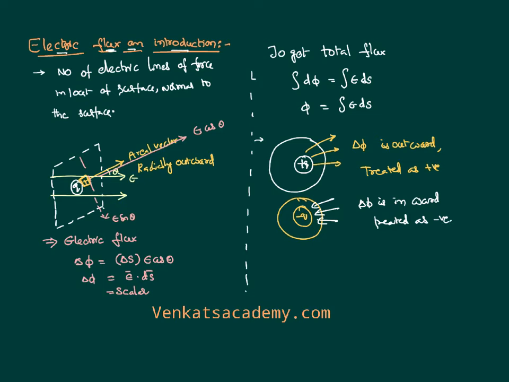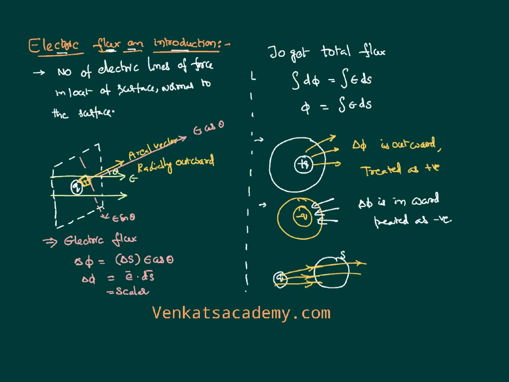To get a flux, the charge has to be inside a closed surface. Say I have a charge q, but it is not in a closed surface, it is outside the closed surface. Then what happens? There is some flux, electric lines of force coming into the surface because of this charge.